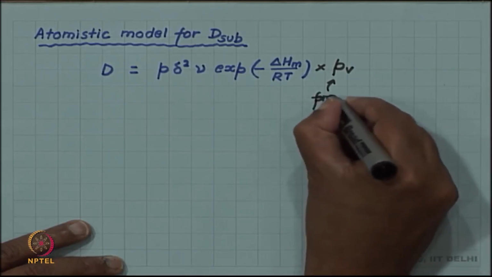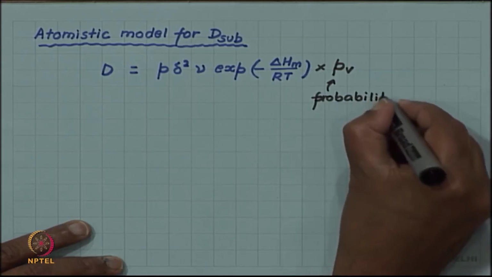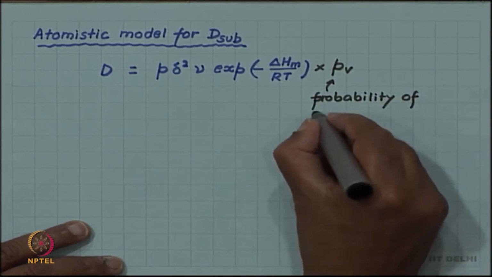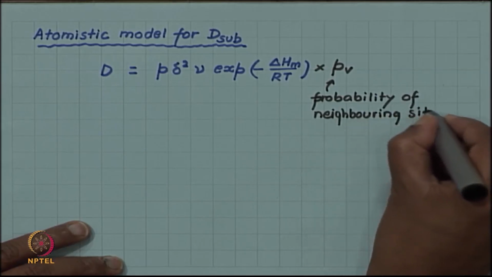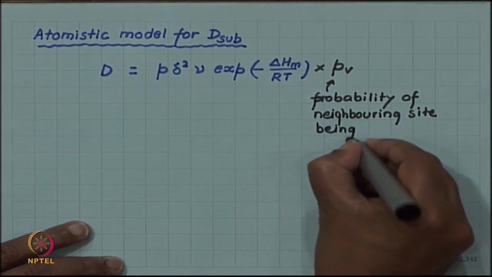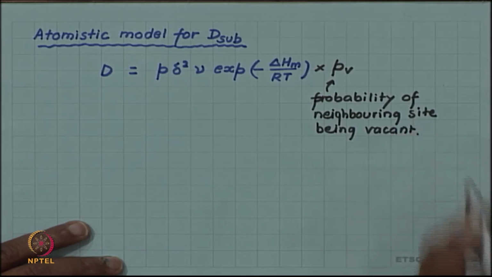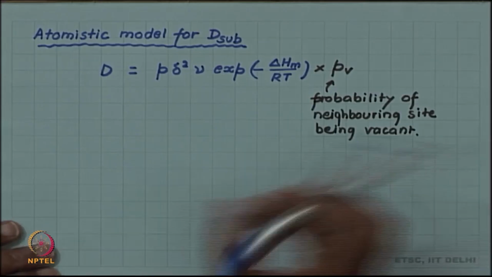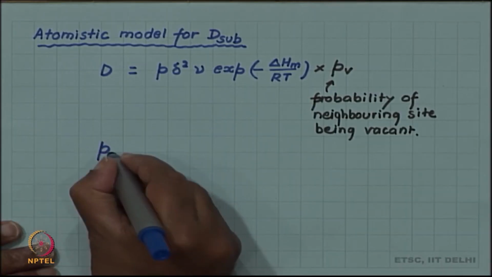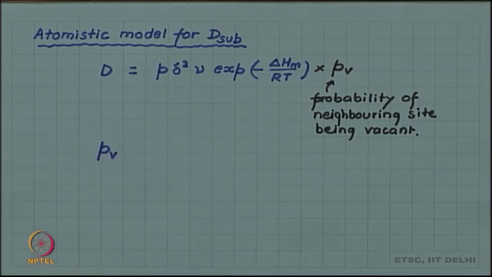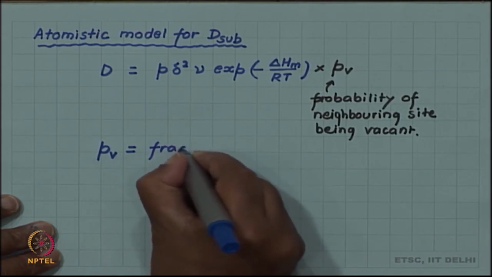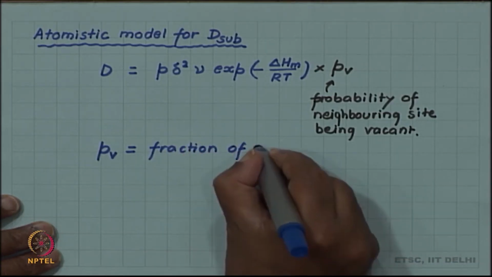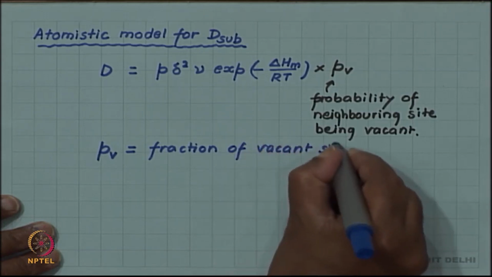So, we have to multiply it by PV, where PV is the probability of the neighboring site being vacant. Now, we can see that this probability of the neighboring site being vacant will be equal to the fraction of vacant sites.